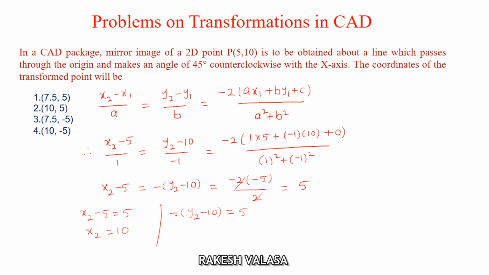Here this minus goes to that side, y2 minus 10 equal to minus 5, this minus 10 goes to the right side, minus 5 plus 10, that is y2 equal to 5. So the answer is x2 equal to 10 and y2 equal to 5. That means the answer is option 2. This is the mirror point for the given point P of (5, 10).